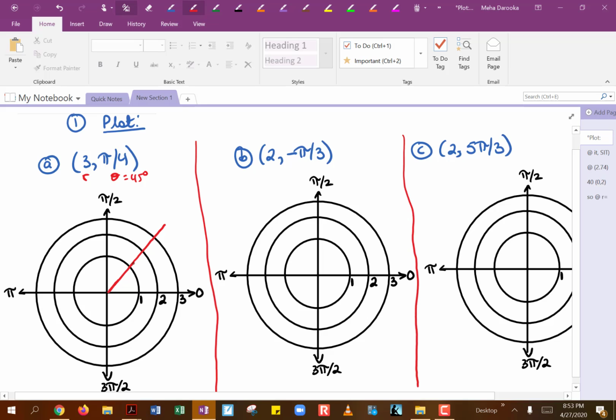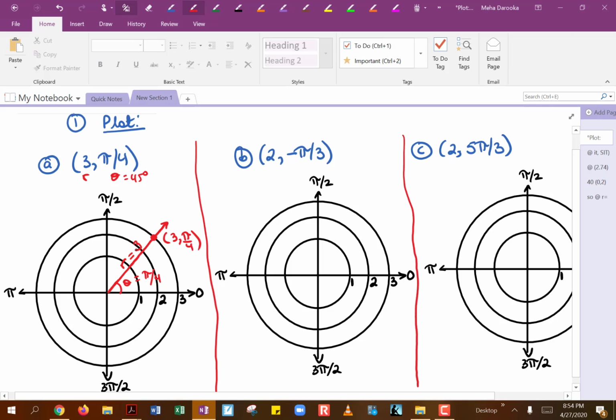I'm going to try and do my best to do this in the middle. And then we are looking at a directed distance of 3, which means that would be at the third concentric circle. And this point is going to represent our 3 comma pi over 4. So this angle here is our theta of pi over 4, and then our directed distance is 3 units.